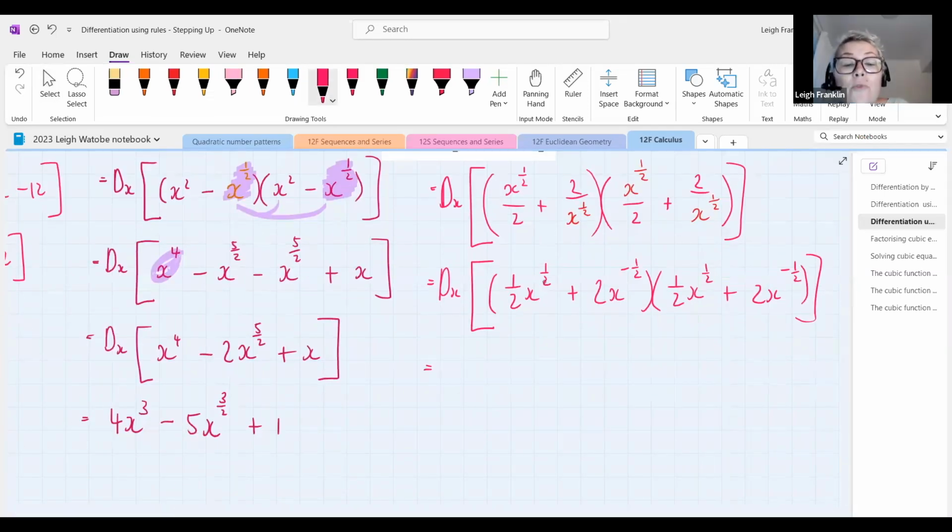We're still not ready to drop our dx notation. Now, when we multiply like bases, we add our exponents. A half times a half is going to give us a quarter, and that would be a quarter x, because a half plus a half would be 1. Then when we multiply our outer terms, we're going to end up with 1x, and when we multiply like bases, we add exponents, so that would just be to the power of 1.